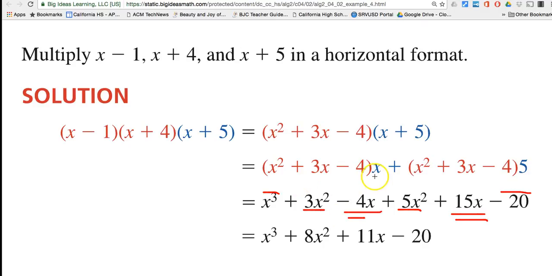So when you're doing the multiplication, write out every single term and then go through, like I just did, and underline the ones that are similar to each other, so that when you get your final product, you can see exactly which terms you're combining to get your final expression.